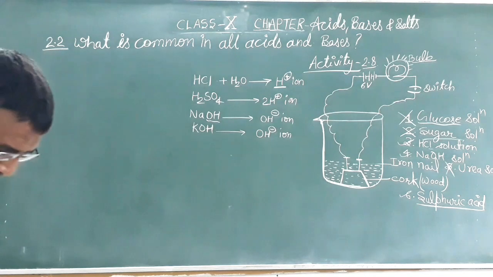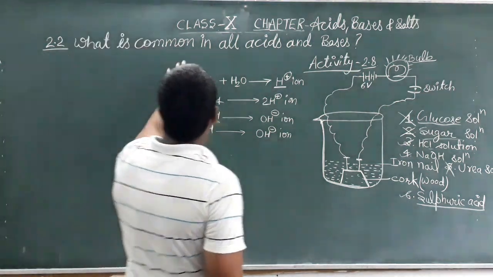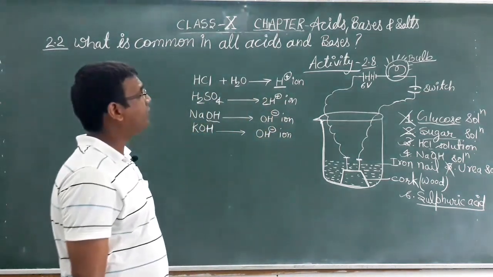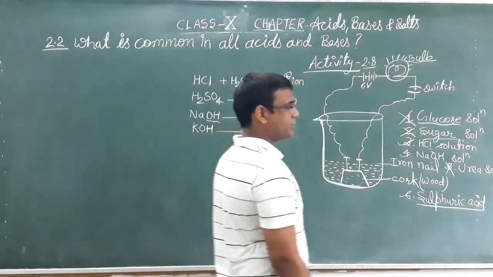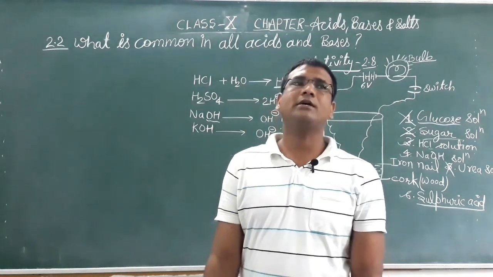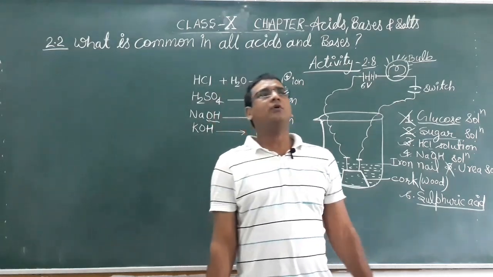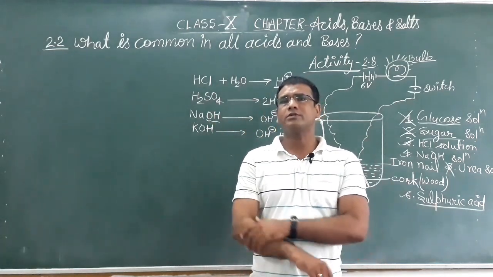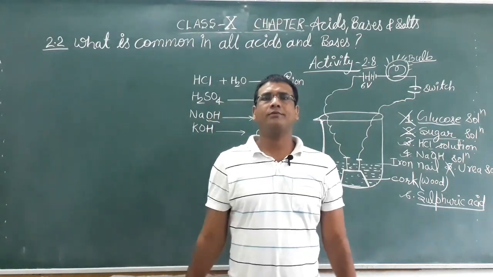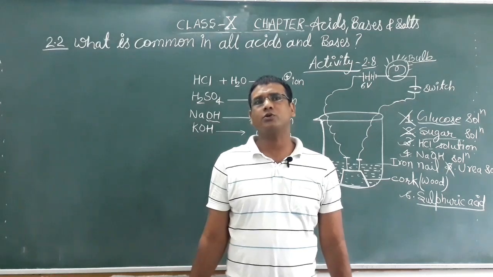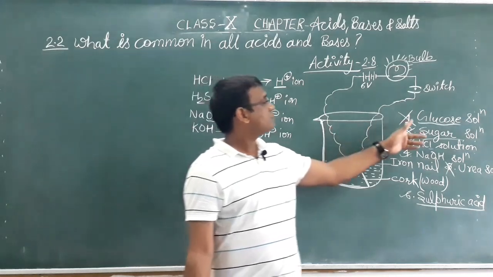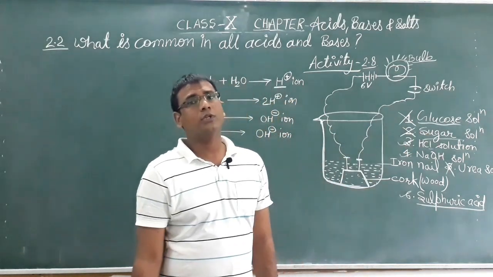Now, what is common in all acids and bases? Already we have discussed. Still, if you have any doubt, you may ask in the comment section what the conclusion of this activity is. In the exam, very simple questions are asked on this activity. It may be a multiple choice question where you are given 4 choices, and the examiner will ask which of these solutions will glow the bulb.